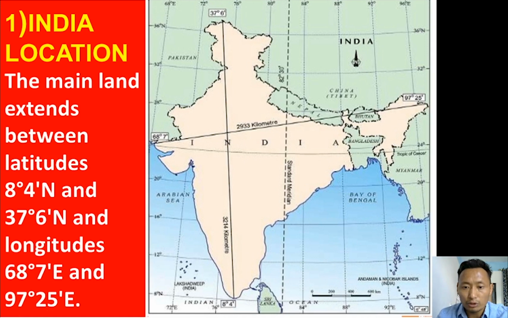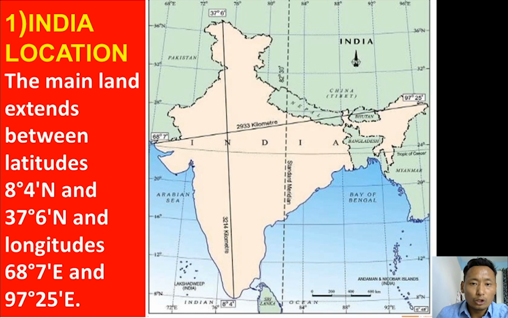Because India lies in the northern hemisphere, north of the equator. The northernmost extent is 37 degree 6 minute north. So India lies latitudinally between 8 degree 4 minute and 37 degree 6 minute north, north of the equator because of the northern hemisphere.